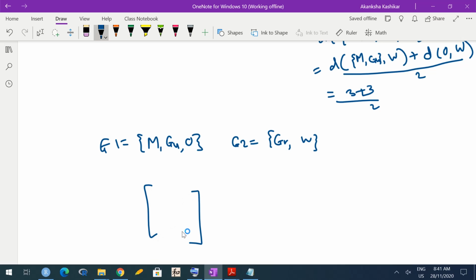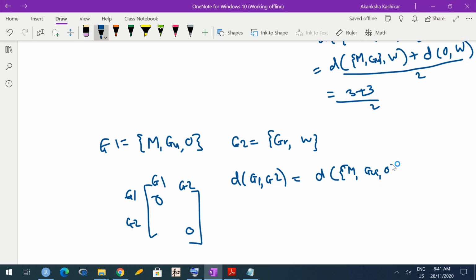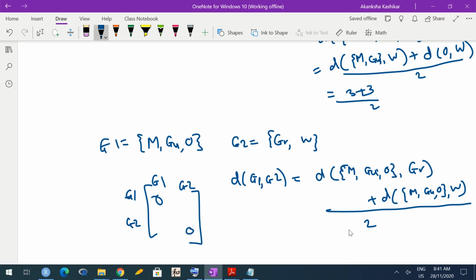So now I need the new distance matrix, G1, G2. So the distance between these two would be written as: mango, guava, orange were anyway together, so the distance between the mango, guava, orange group and grape plus the distance between the mango, guava, orange group and watermelon, divided by 2.